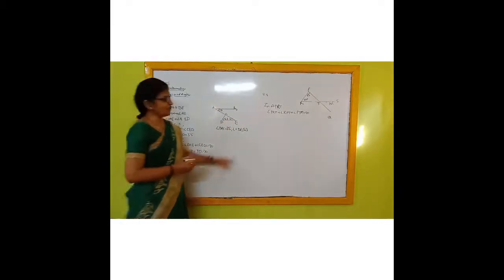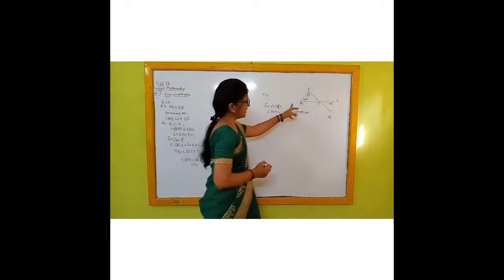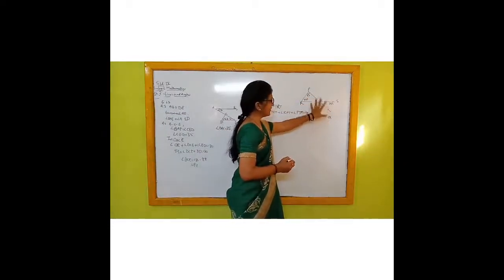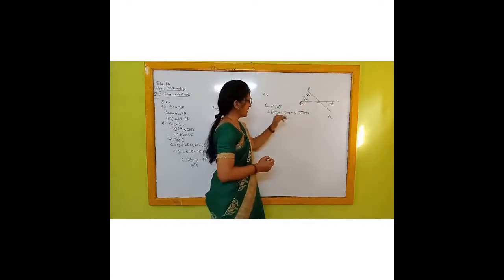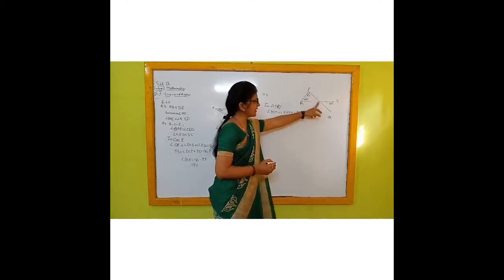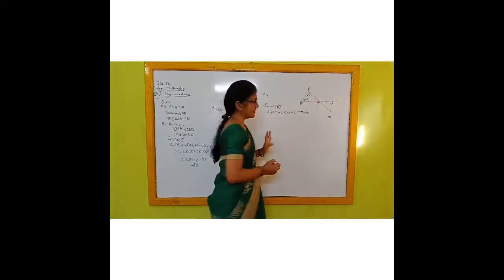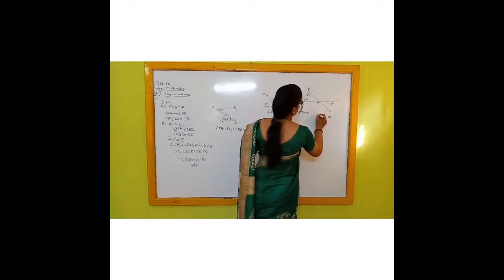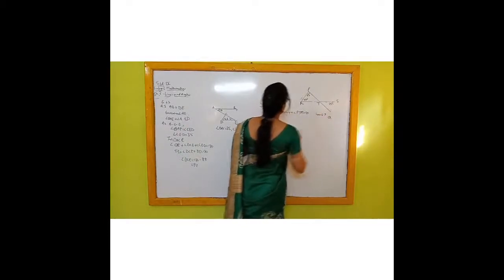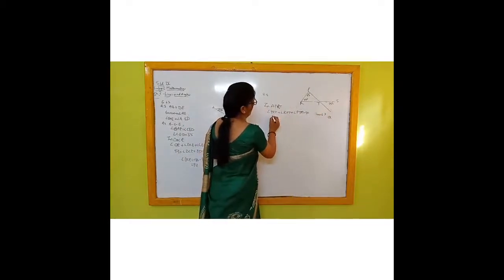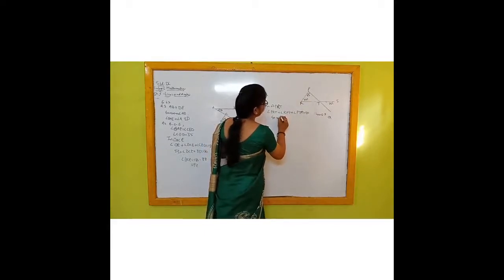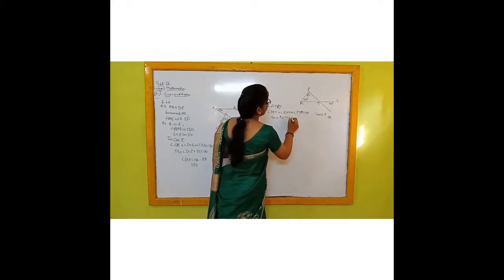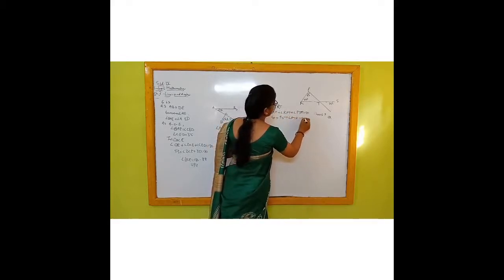Now question number 4. In this particular figure, the measures of these angles are given. In triangle PRT, angle PRT plus angle RPT plus angle PTR is 180, by Theorem 6.7. Now substitute the values: angle PRT is 40, angle RPT is 95, plus angle PTR is 180.